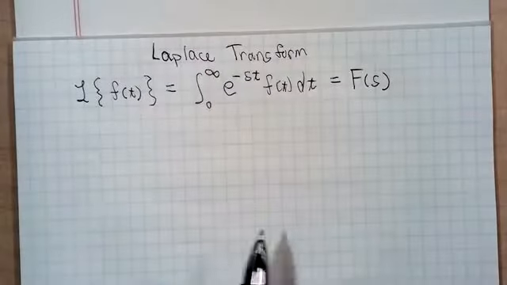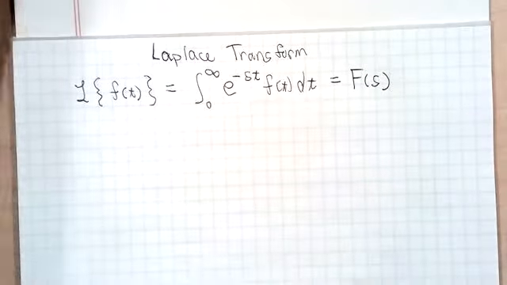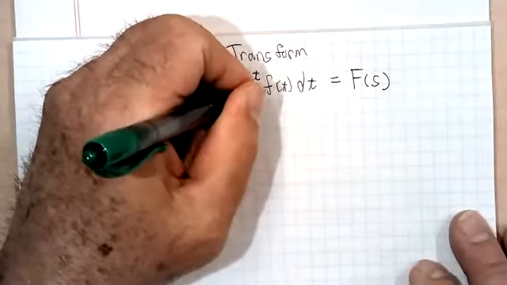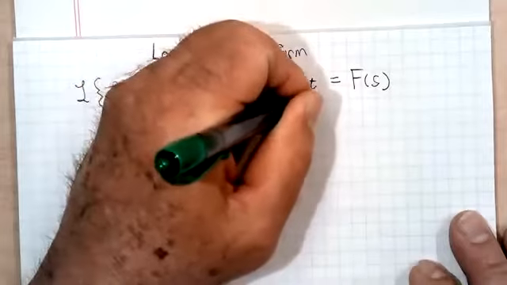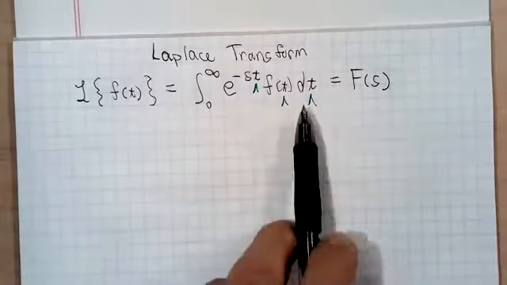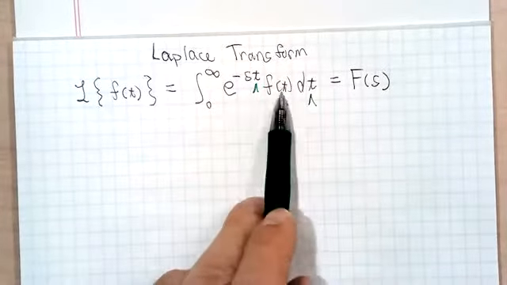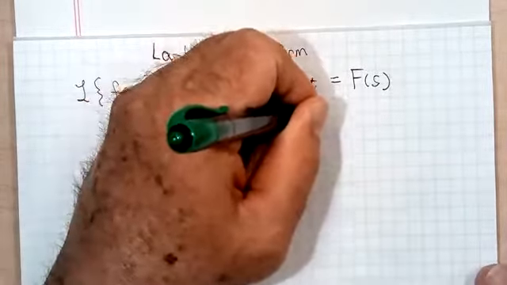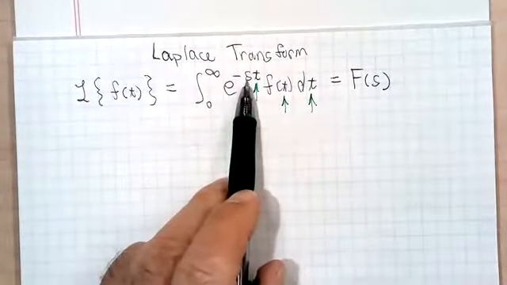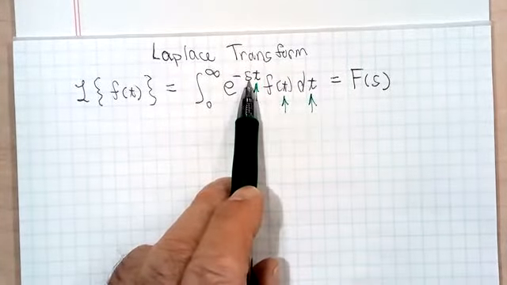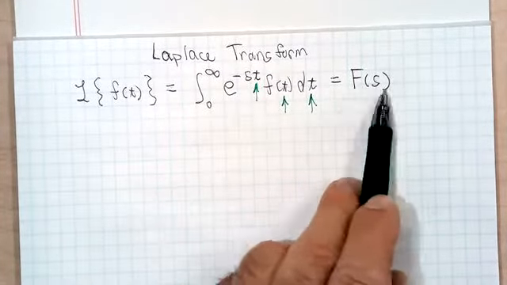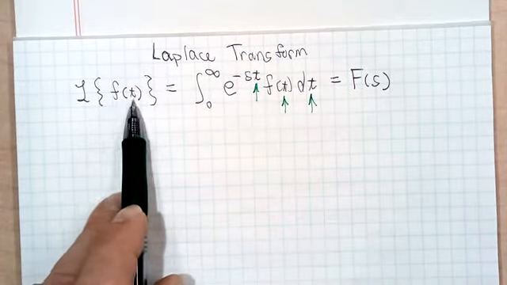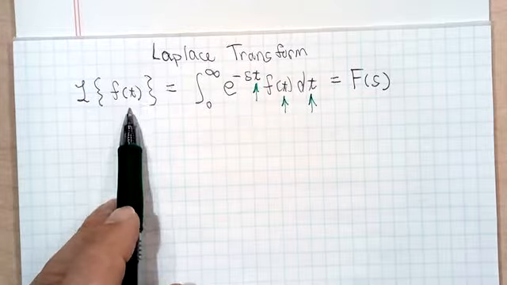And that's another thing to notice. This t appears here and here and here. And when it appears there, it means the t gets used up when you do the integration, right? So you'll get different values of that integral depending on what s you choose. And that makes this a function of s, whereas the function inside started out as a function of t.